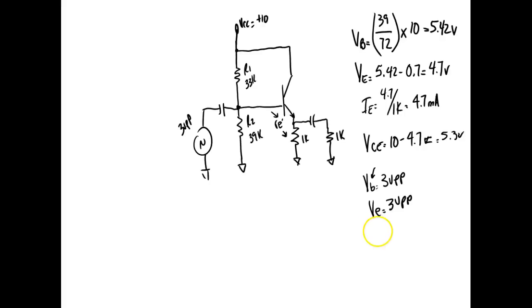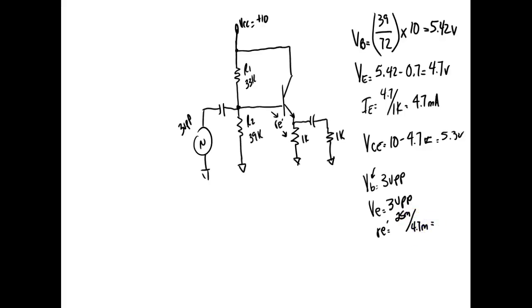RE prime, we need to calculate that. What's the formula for RE prime? For guesstimation on RE prime. They're calling it RE, by the way. We called it RE prime. Not milliamps. Yeah, but we don't need to put volts. We don't need it. Over what? IE. IE is 4.7 milli.